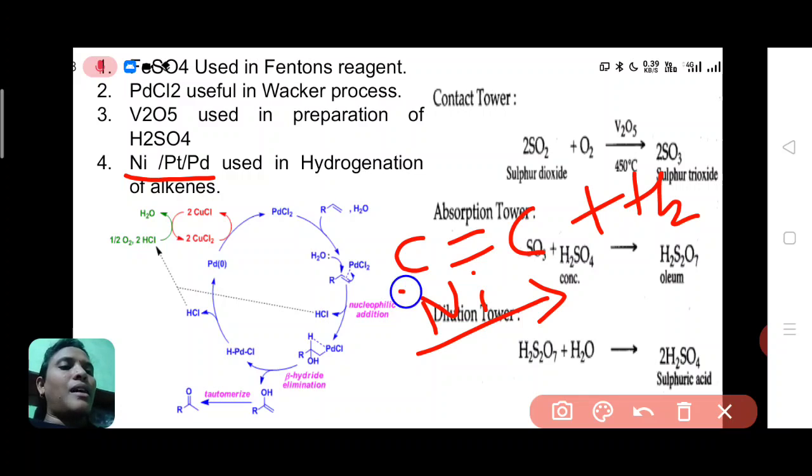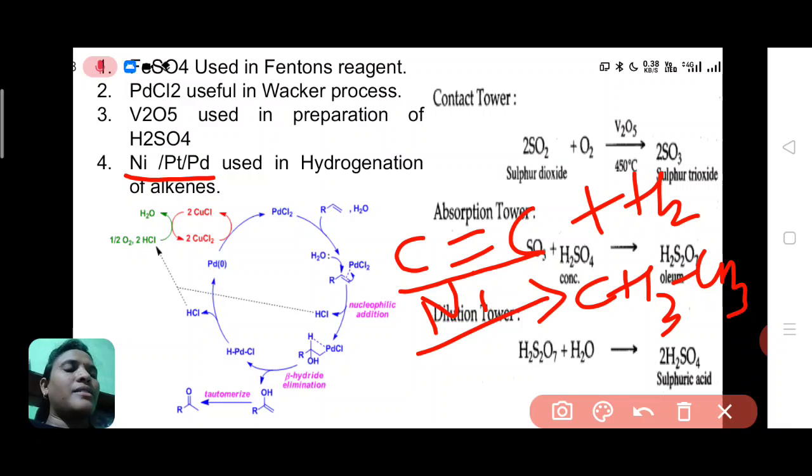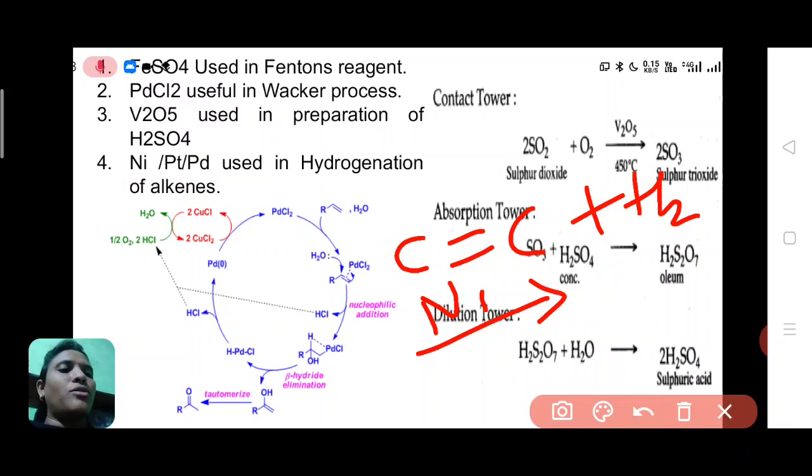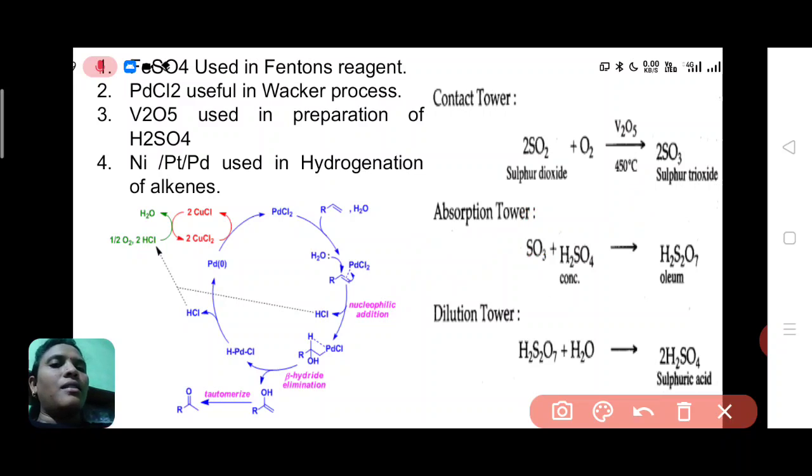When this alkene reacts with H2, we get CH3 single bond CH3. This is called a hydrogenation reaction, and it requires a catalyst, that is nickel or platinum or palladium.